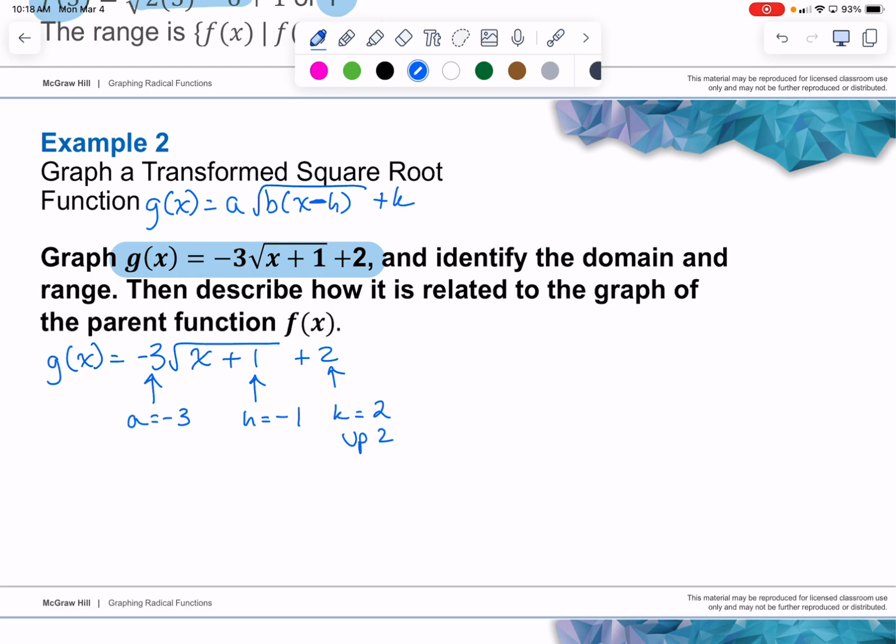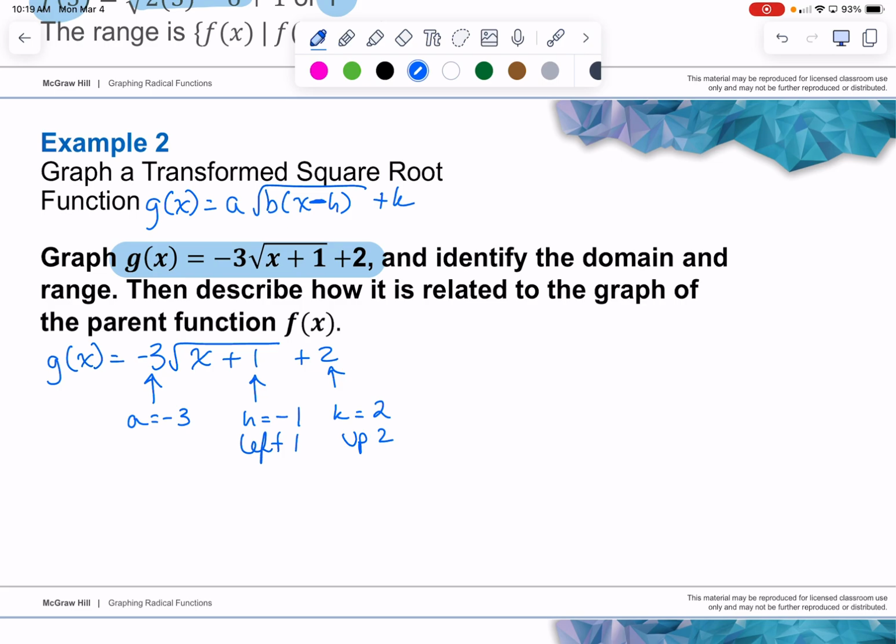Stuff under the square root happens with x's, so what does h equal negative 1 do? Yeah, left 1. When it's negative, it goes left or down, right? Those are the negative directions. Inside my root affects x's, so that's going to be right, left. Outside my root affects y's, so that's going to be up, down.